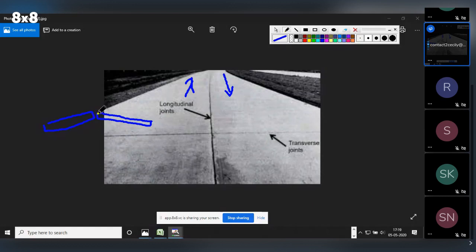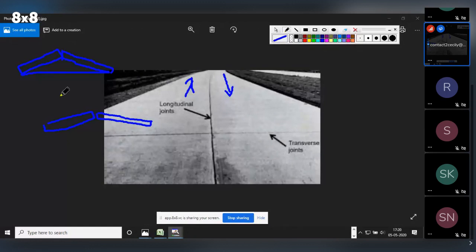This is the cross section of the pavement: if we cut the pavement and see it from the cross section, it will look like this, right? Since the top surface of the rigid pavement is made up of slab, it will look like this. Now, what is this cross sectional slope called?